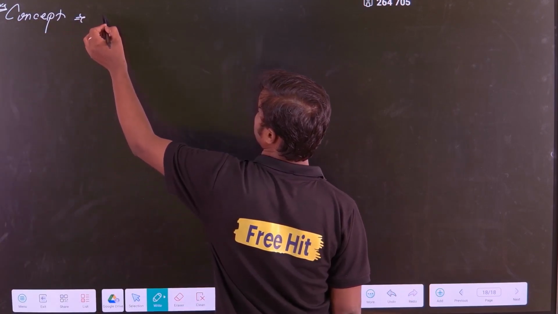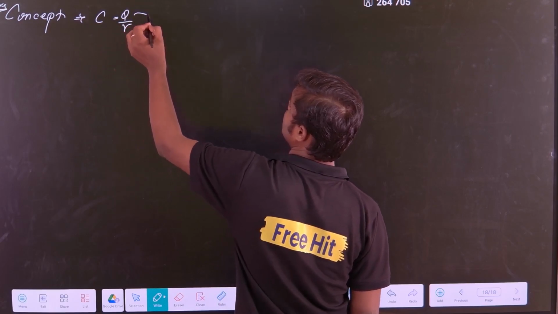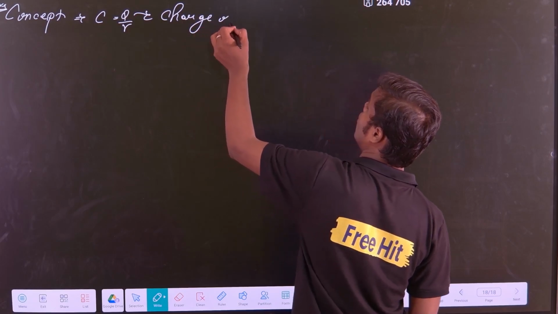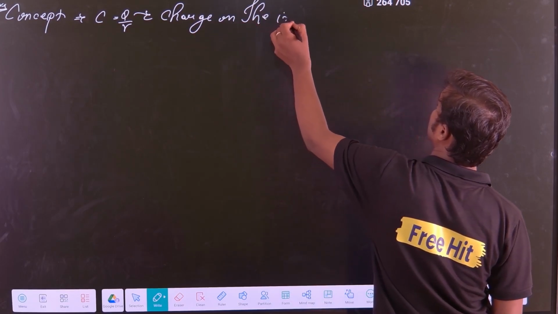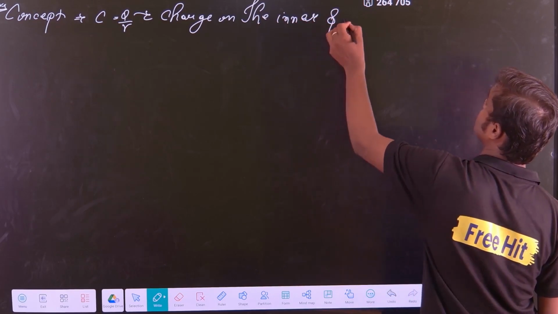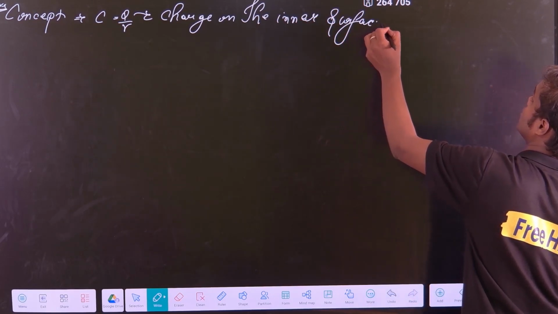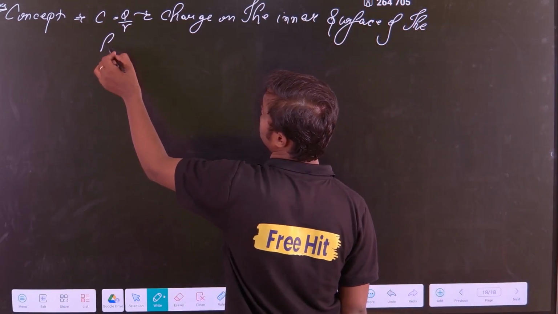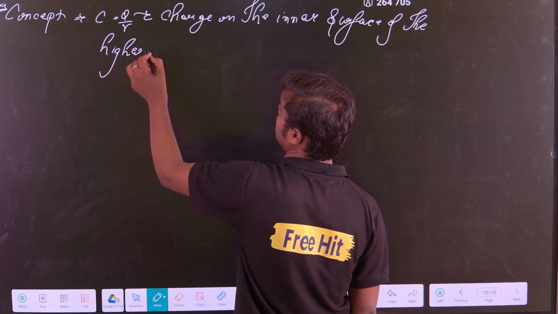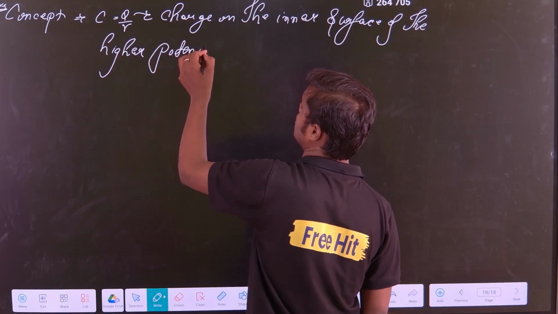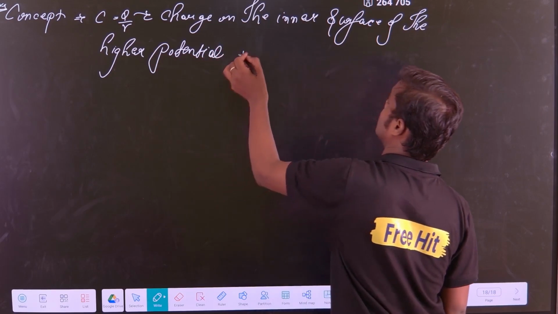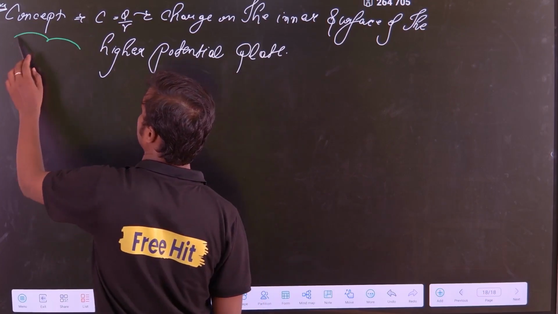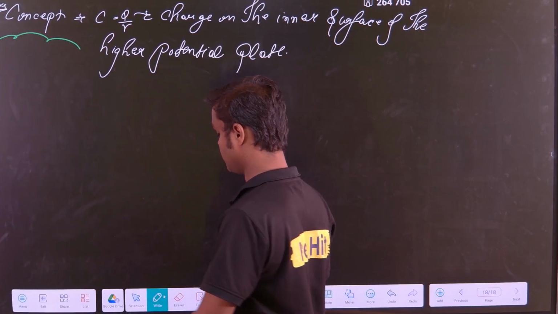In capacitance we are writing Q by V, where Q is the charge on the inner surface of the higher potential plate. That is the concept which we used.